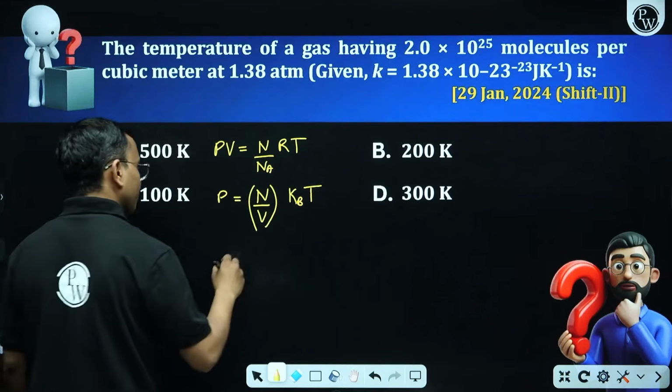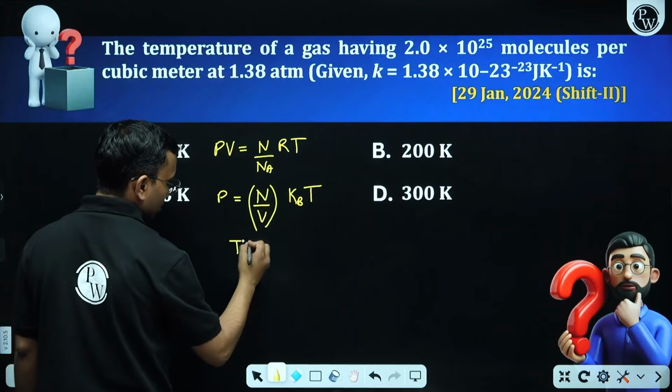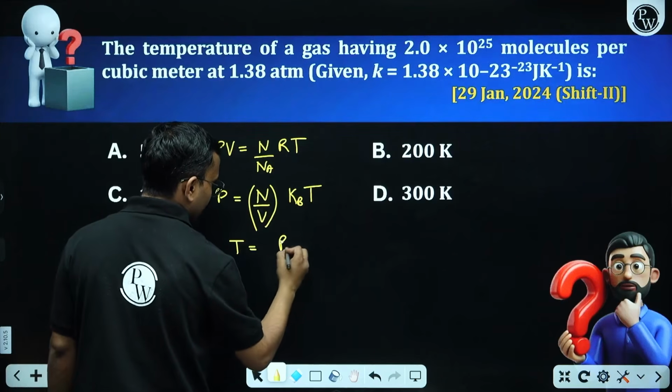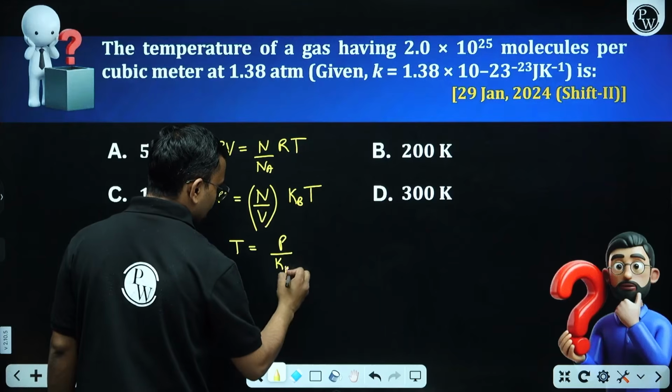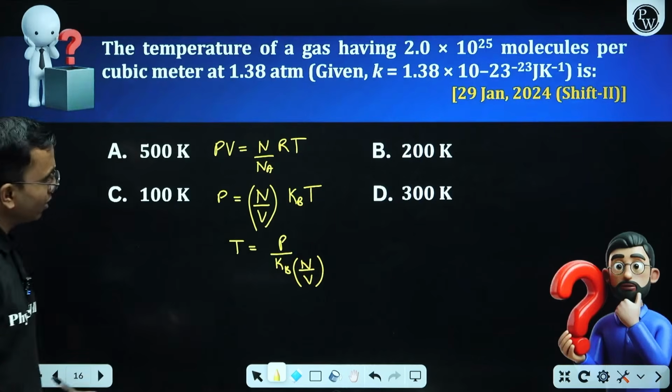From there, I can write my temperature. What is temperature then? P divided by Boltzmann constant into my N by V. Is this expression fine? Yeah.